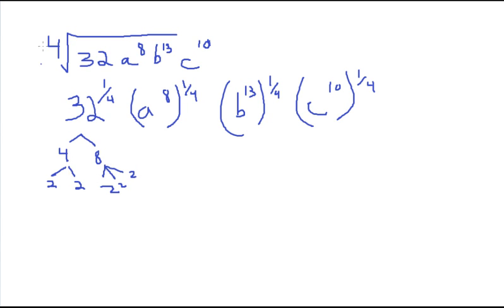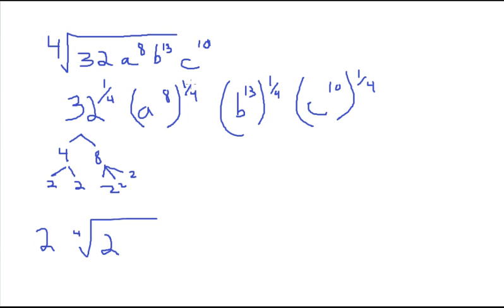So we're trying to find the fourth root, so we're going to be looking for 4 of the same numbers. So we have 1, 2, 3, 4 2's. So what we can do is put the 2 out here, and since there's 1, 2 remaining, put the 2 in here. So that would be 32, and a to the 8th power.